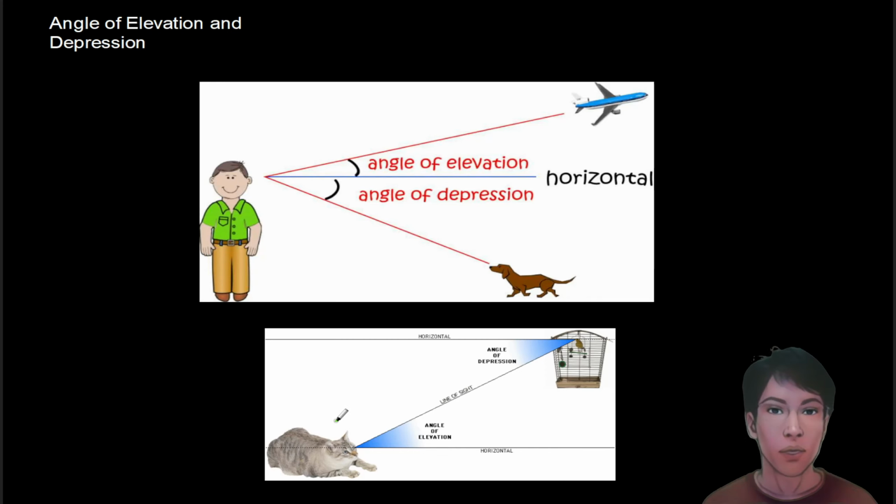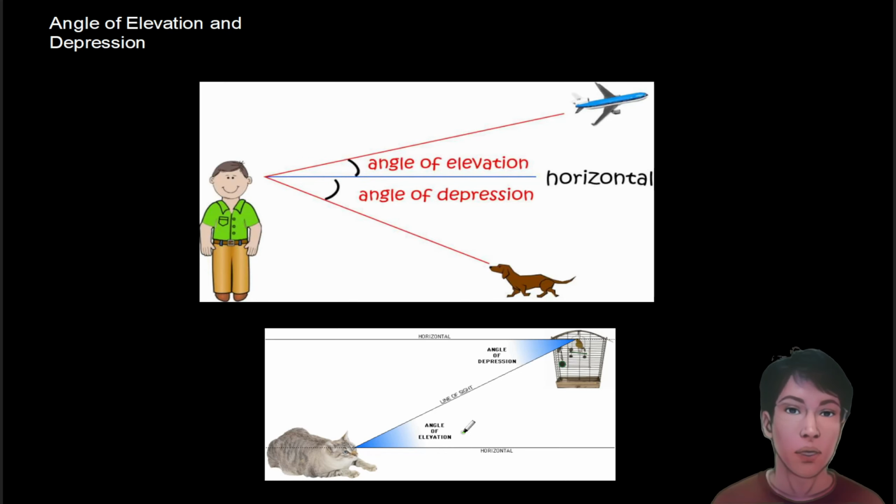We have another example. Depending on where the observer is, for the cat, this angle is the angle of elevation. However, for the bird, the same angle is called the angle of depression.